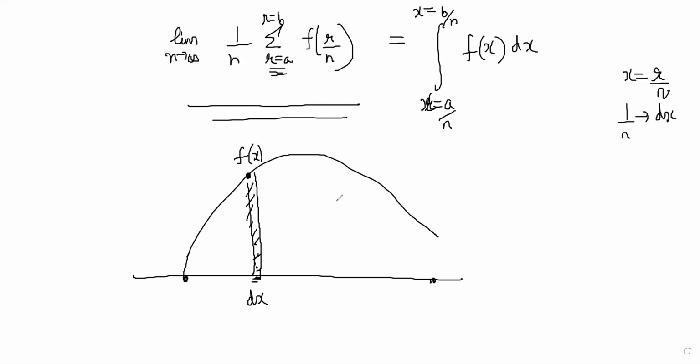So here your r by n behaves as your x, and your total range you are dividing into small portions, and 1 by n behaves as your dx, tiny displacement. So that is a standard technique, but right now it feels like the question is not fitting that pattern.